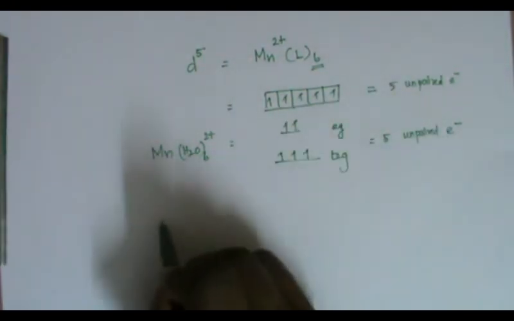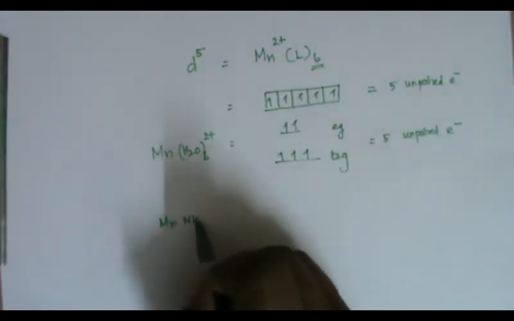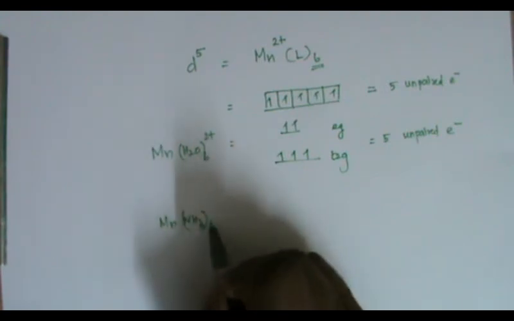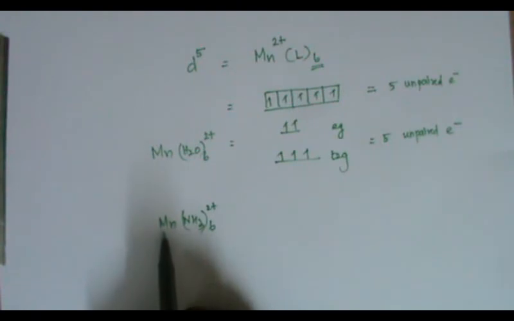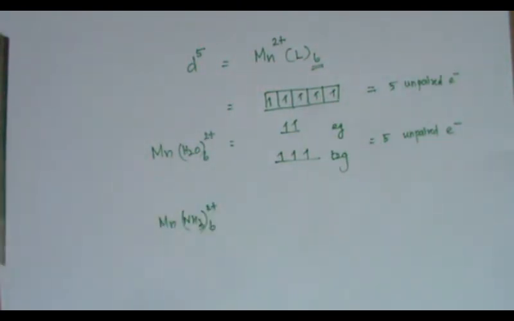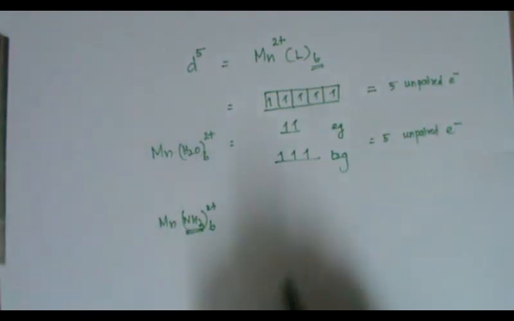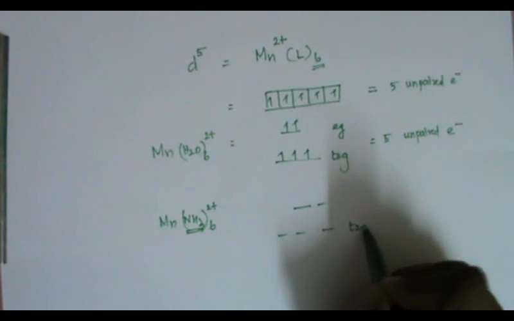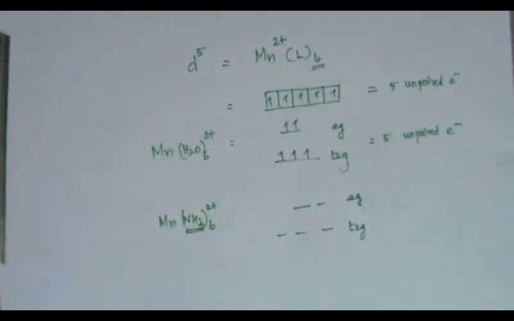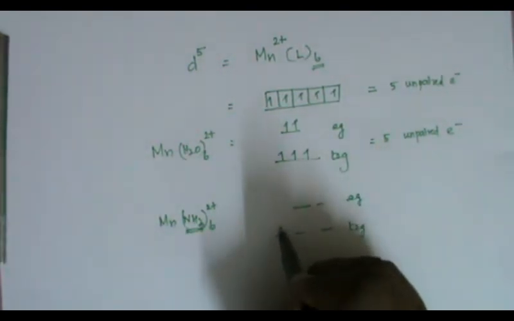Instead of this, if you have been given this compound, again Mn is in +2 oxidation state, but the ligand is a strong ligand. In this case, what happens? This is T2g and Eg. First electrons are filled like this, singly.